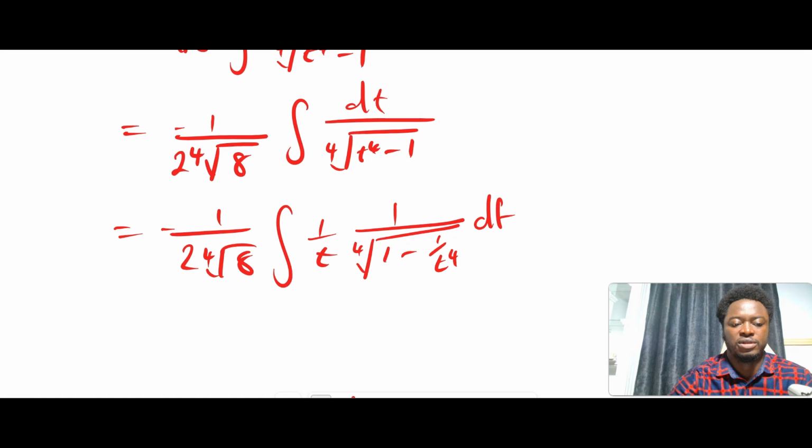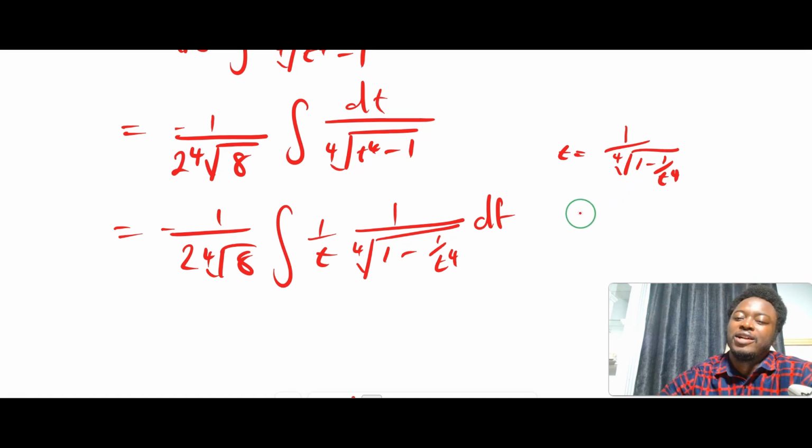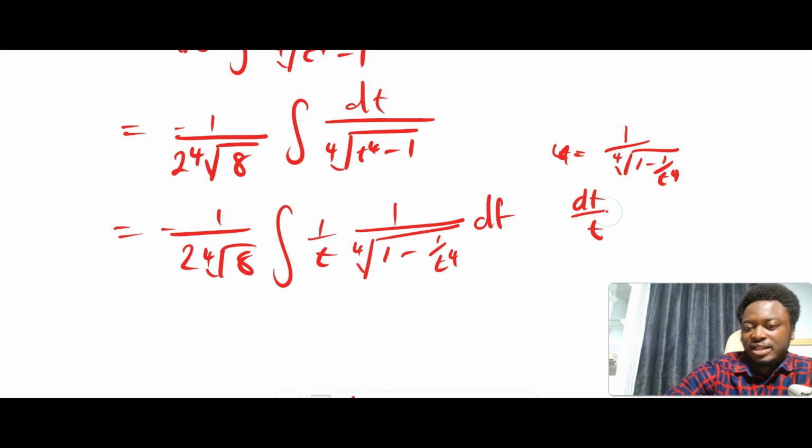Okay, let me see. We are going to see if we can find a way to do another substitution as well. What we're going to do is see if we can set t to be 1 over the 4th root of (1 minus 1 over t to the 4th). Here we want to see if we can recover dt over t. So let's start with that.